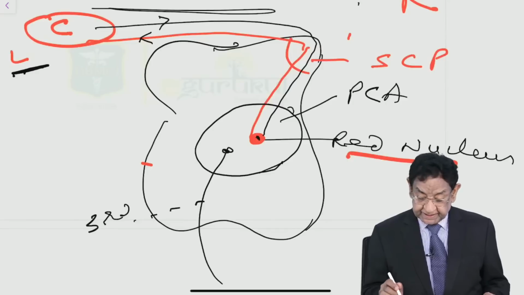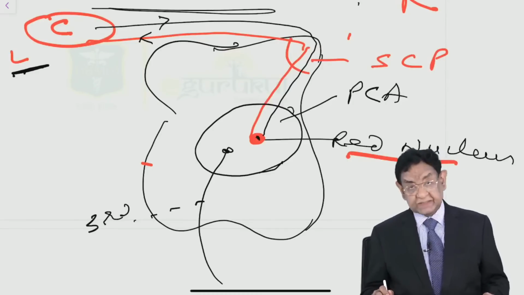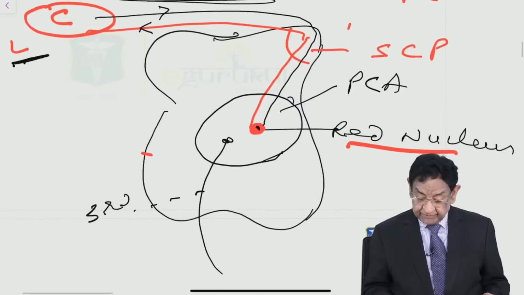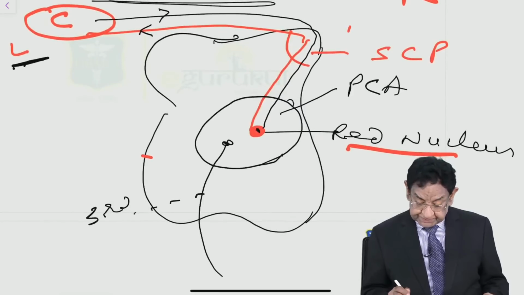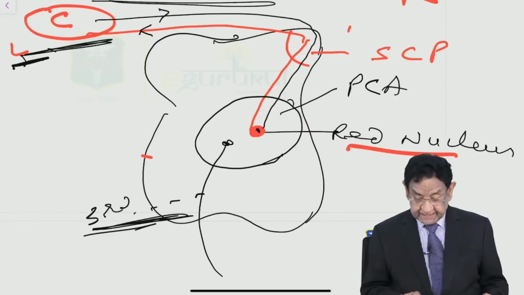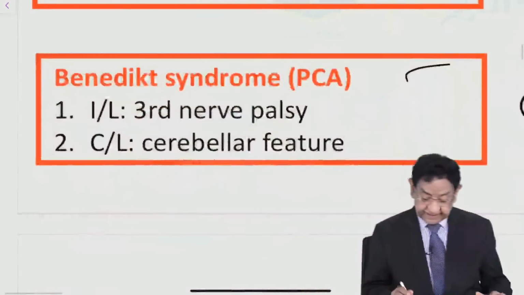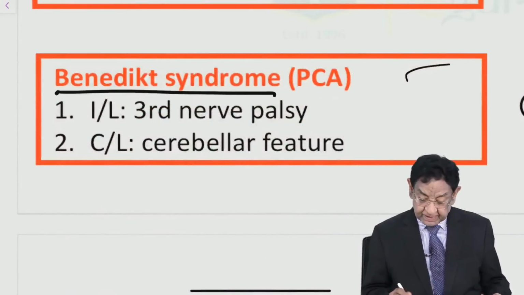And this part of the brain is supplied by another branch of PCA. How will he manifest? Ipsilateral third nerve lesion and contralateral cerebellar finding is Benedict syndrome.